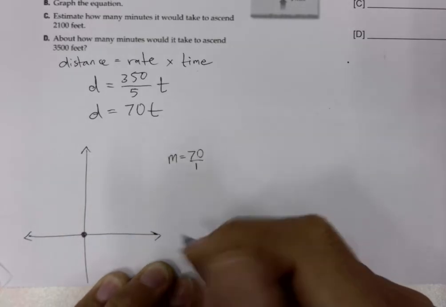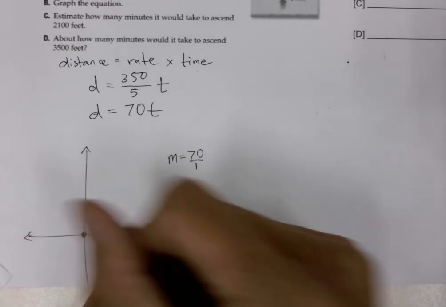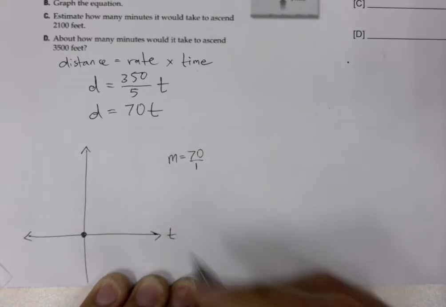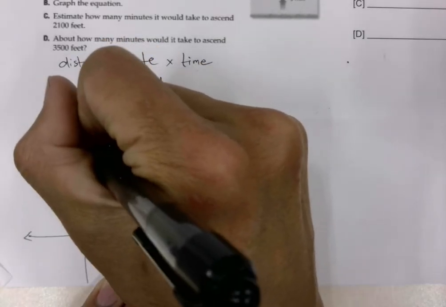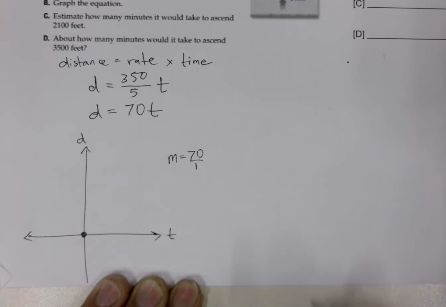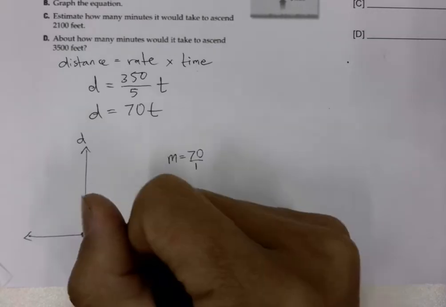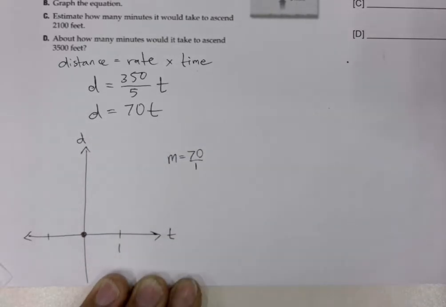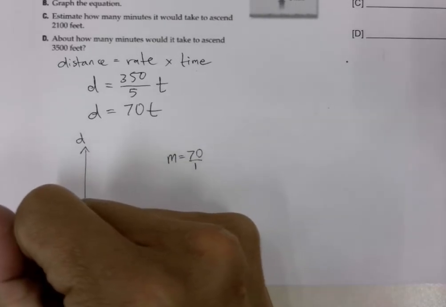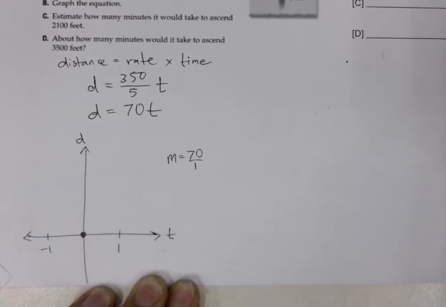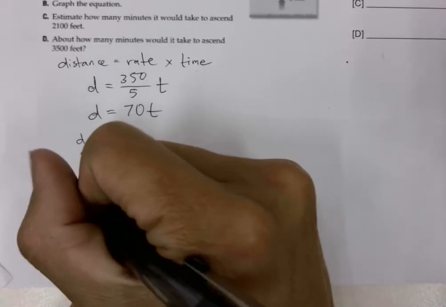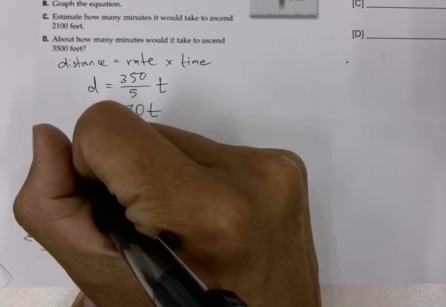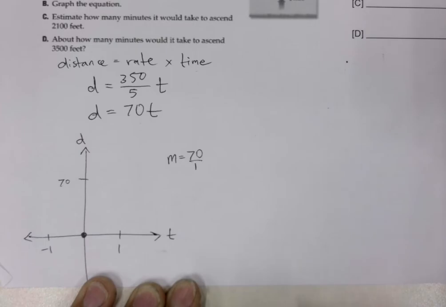And now if we wanted to graph this, our x-axis is our time t, and our y-axis is our distance d. Now I'm going to label my x-axis as negative 1, and I'm also going to label my graph to be 70 here.